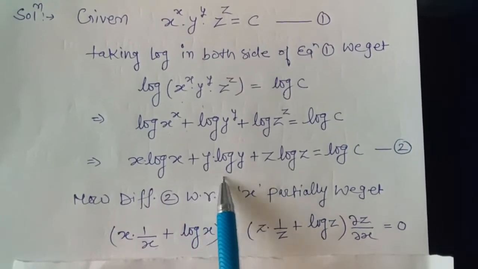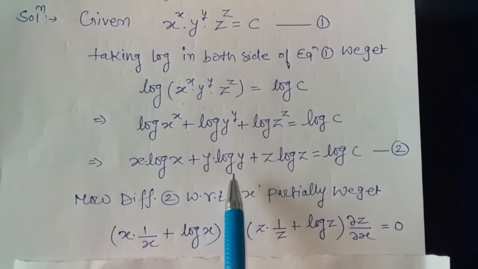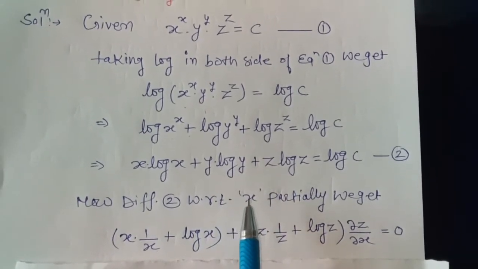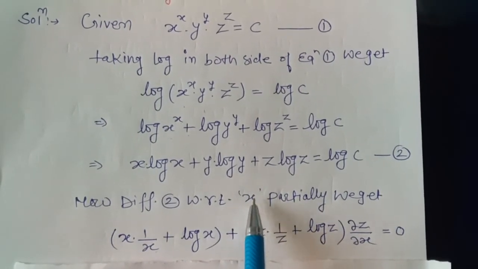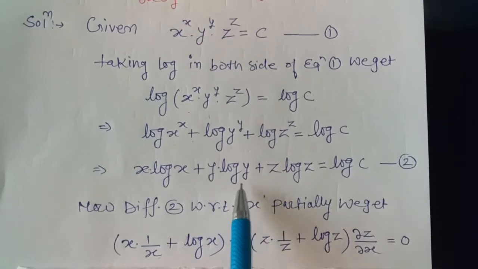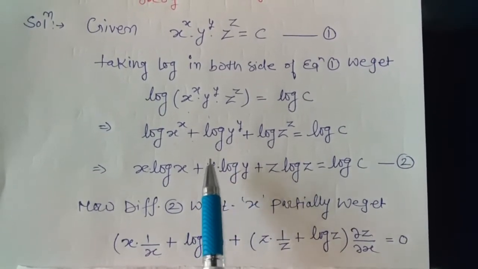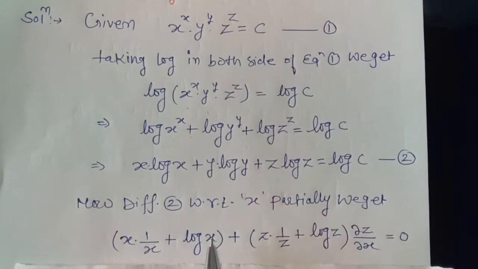Now the term y log y is purely a function of y, and since we are differentiating with respect to x, the independent variable y is constant in partial differentiation. So this whole term is constant and therefore its derivative with respect to x is 0.